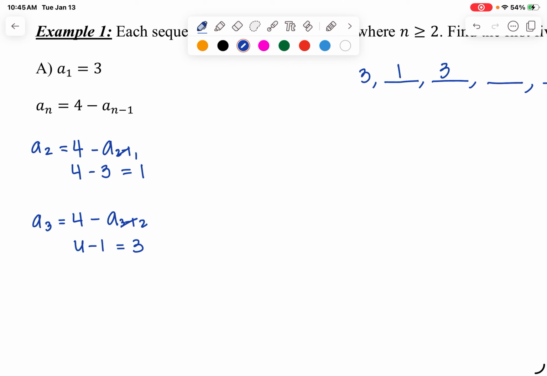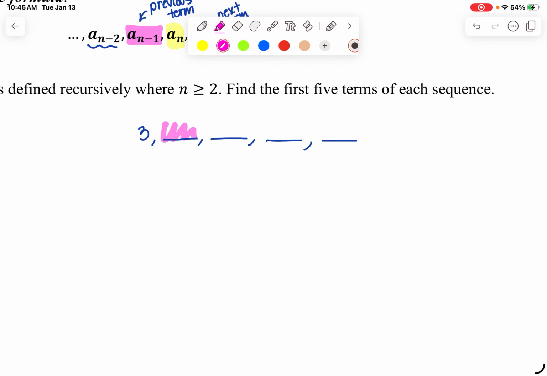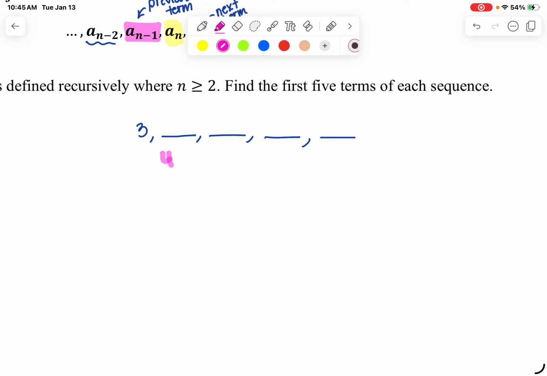But I will encourage you to listen to this. This means the previous term. So the rule is 4 minus the previous term. If I want this term, it's 4 minus the term before this. The term before this is 3, so 4 minus 3 is 1.